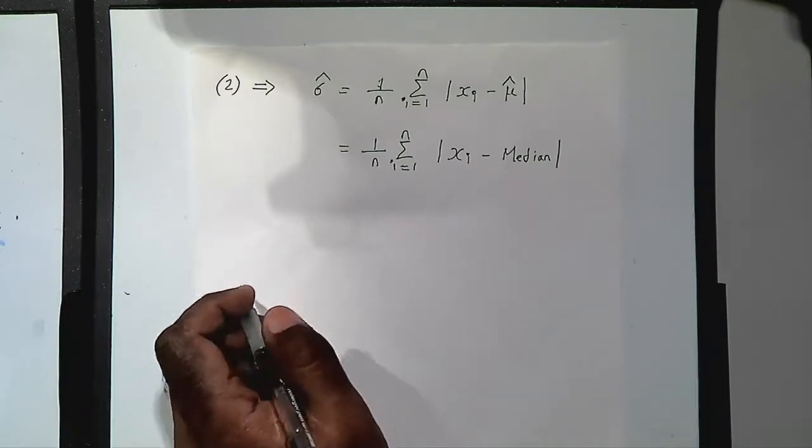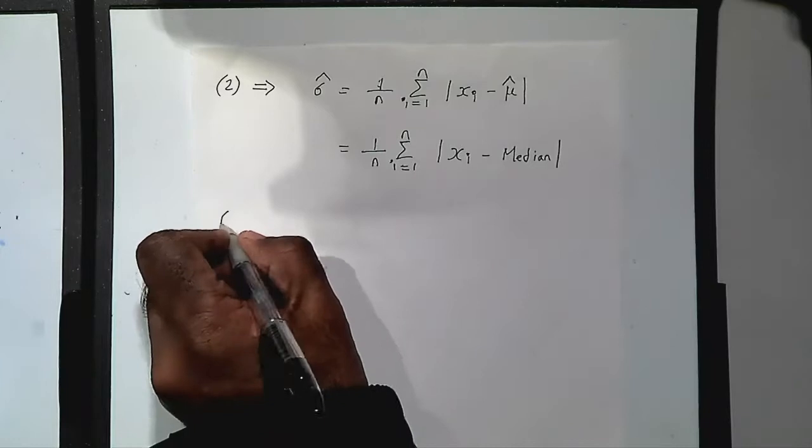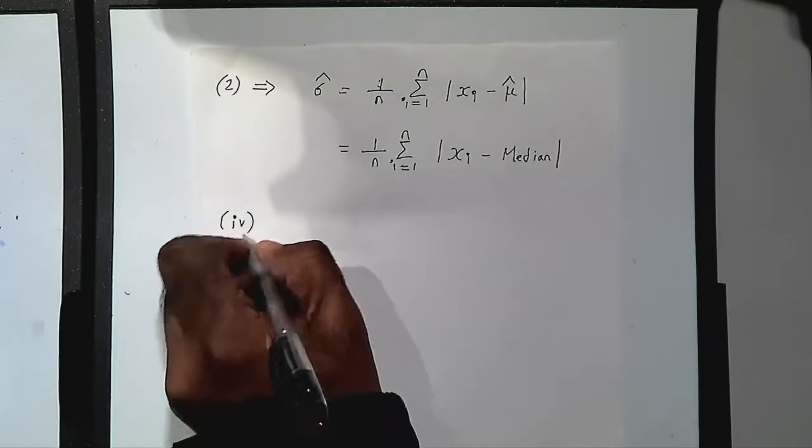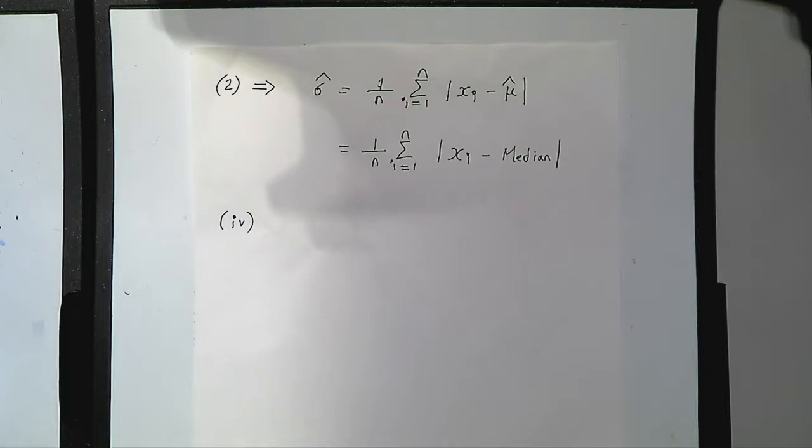So we are done with step 3. Now step 4 is to show that the two conditions are satisfied.